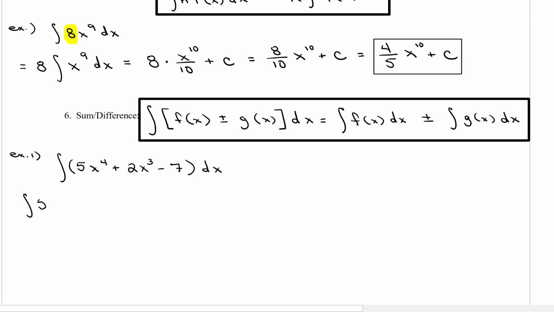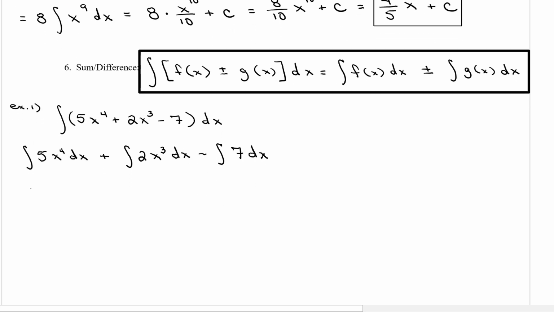So we're going to rewrite this as the integral of 5x to the 4th dx plus the integral of 2x raised to the 3rd power dx minus the integral of 7 dx. I'm going to use my constant multiple rule. I'm going to factor out my constant multiple, so I'll have 5 times the integral of x to the 4th dx plus 2 times the integral of x to the 3rd dx minus 7 times the integral dx.